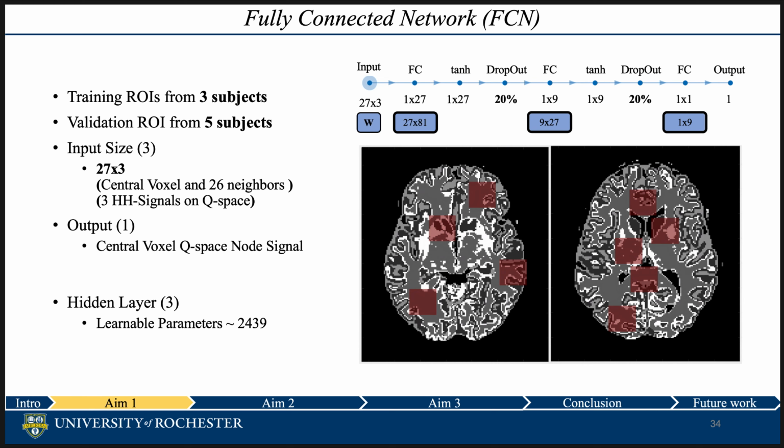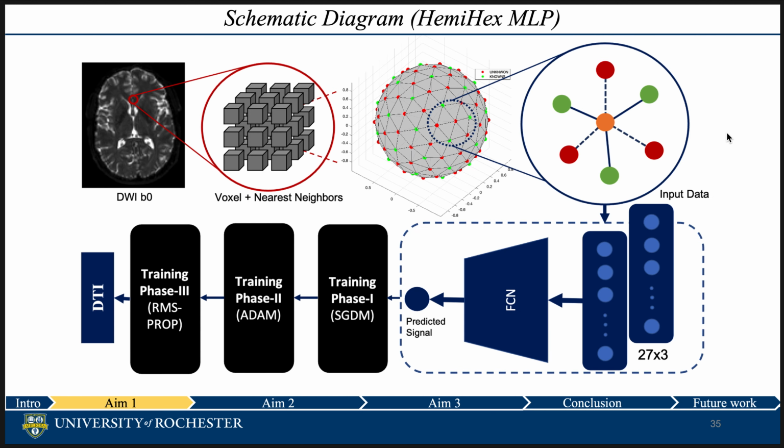We used 3 subjects for training ROIs and 5 subjects for validation ROIs. And this is what our schematic diagram looks like. For the node we are estimating, we take the neighboring nodes that are known with their signal values, and we do this for all the 27 different neighboring voxels. We format them in a 27 by 3 fashion and train with our fully connected network.